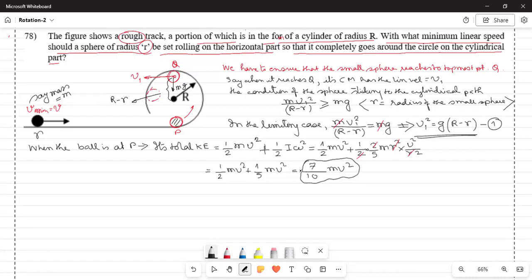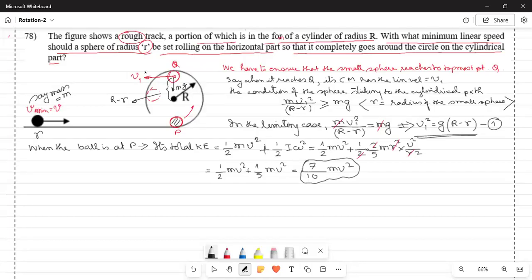If we apply the same concept to the ball when it reaches Q, then at that point its kinetic energy is 7 by 10 mv1 square, because we have considered its linear velocity at that time is v1.